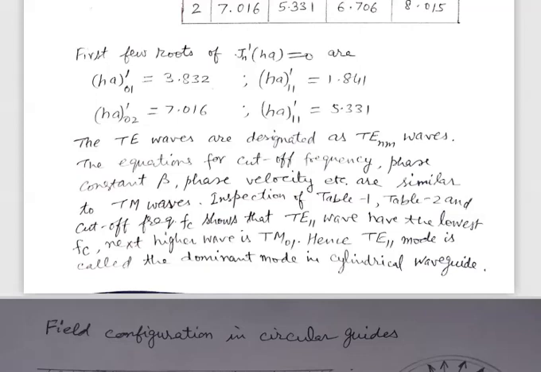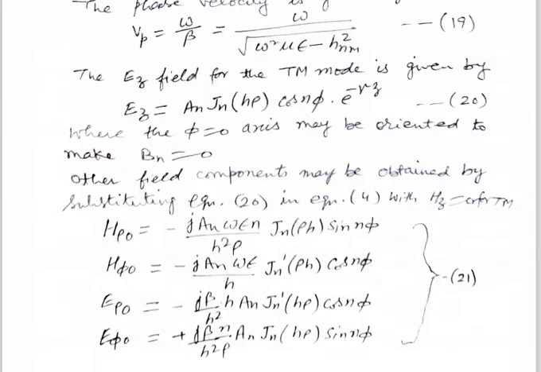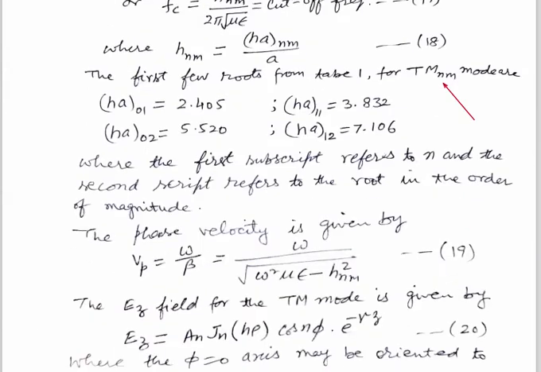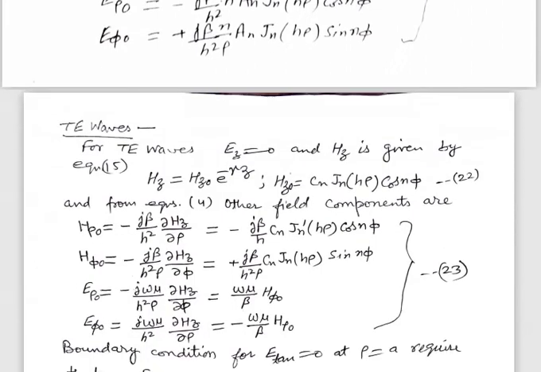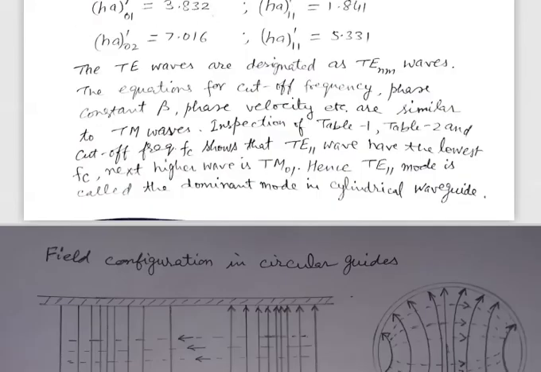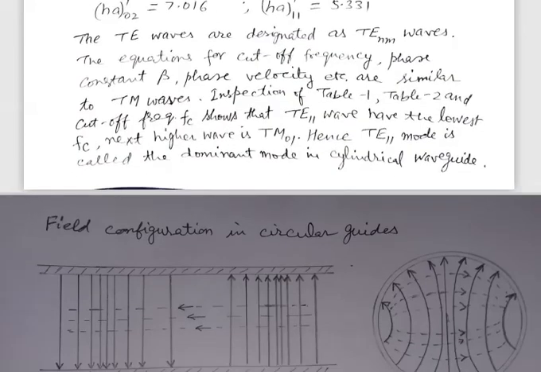This value of HA is related to the cutoff frequency as shown earlier in equation number 17, where Fc is given by H nm upon 2 pi root mu epsilon. So the value of H nm, or in this case for the TE wave H nm dash, whichever mode possesses the minimum frequency, that mode will be defined as the dominant mode.